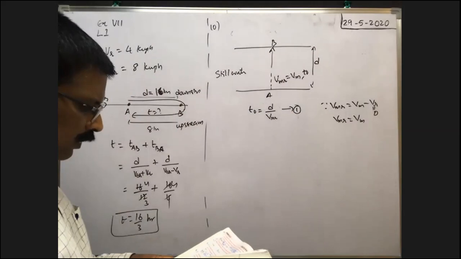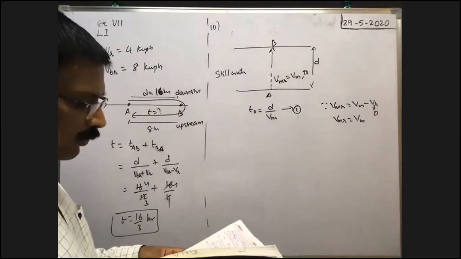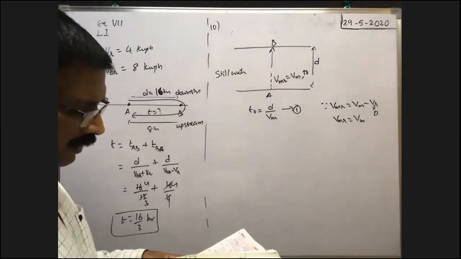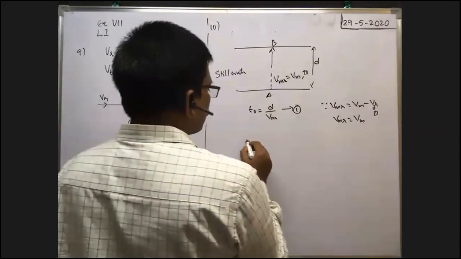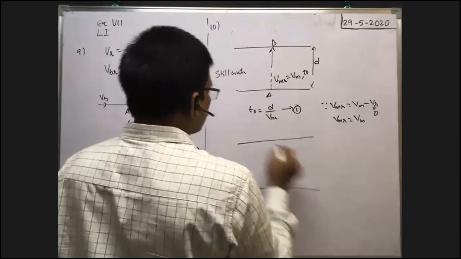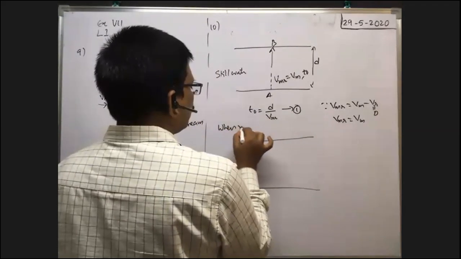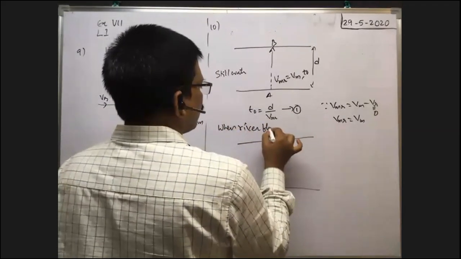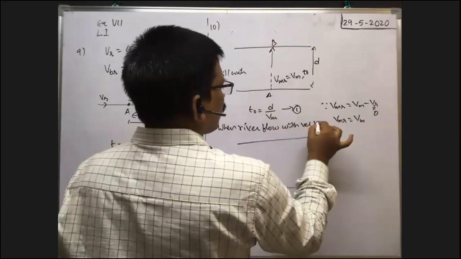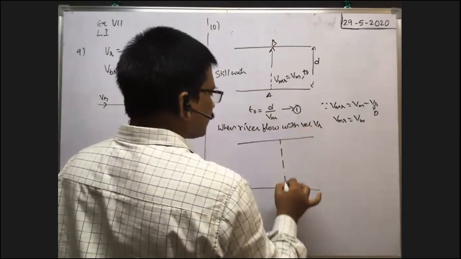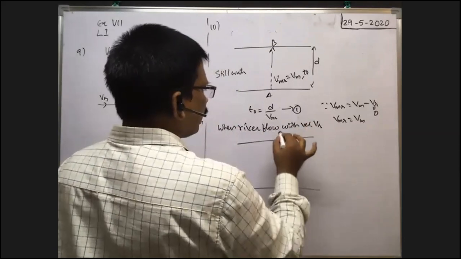Next, when the river flows, he crosses the river directly along the same path in a time t1. So when the river flows with a velocity vr, in that case also the man travels from A to B along the same path.